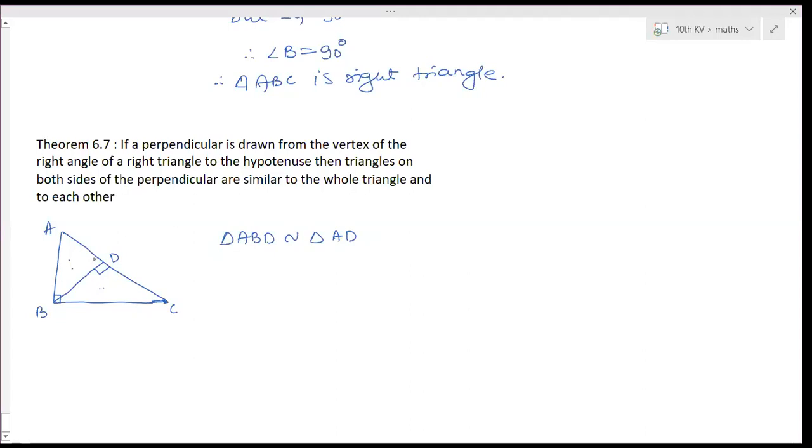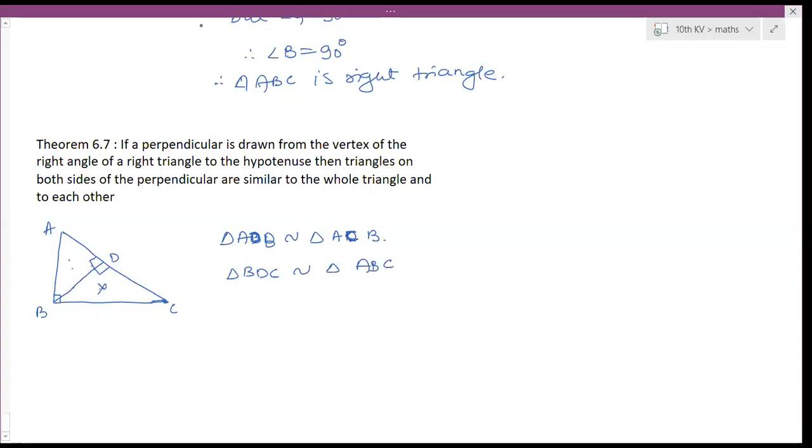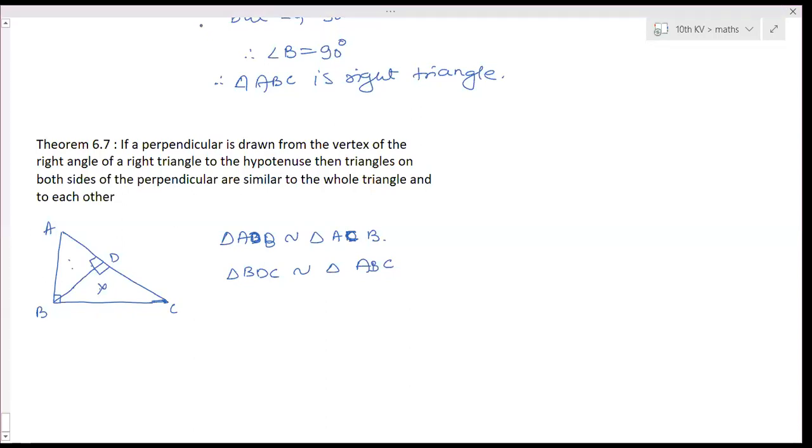Then the lower triangle BDC is similar to triangle ABC. The small triangle ADB is similar to triangle ABC.